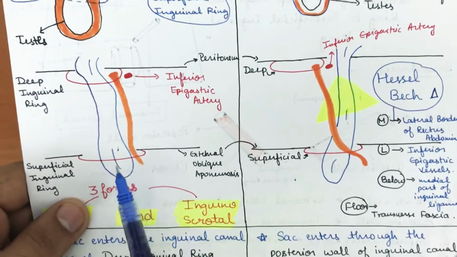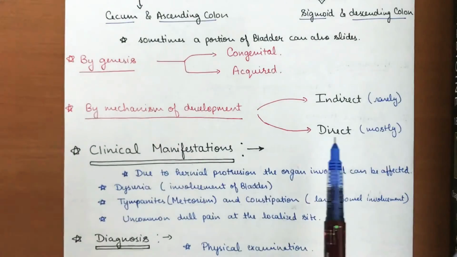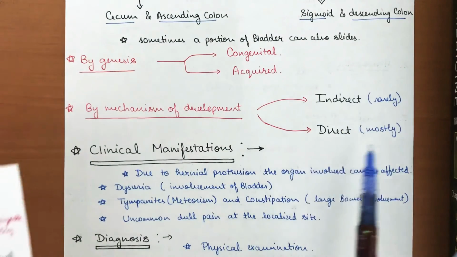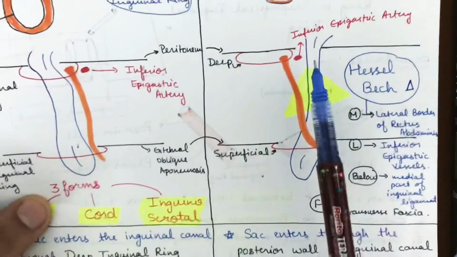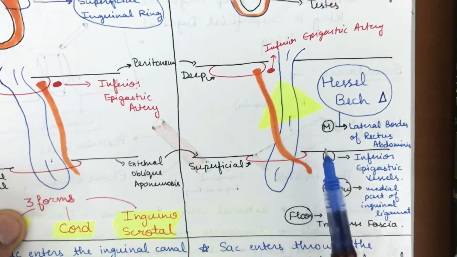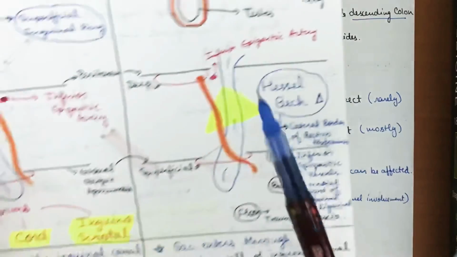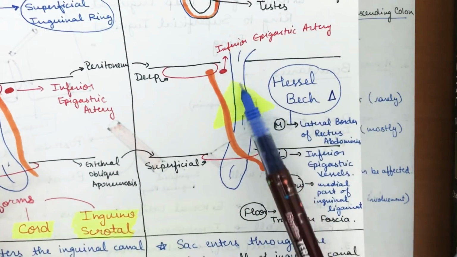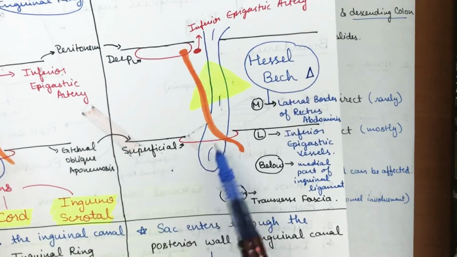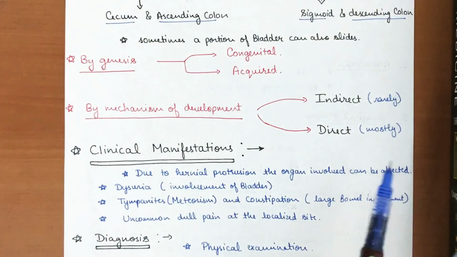Direct is quite common, because it is easier for the mesoperitoneal organs like the sigmoid, descending colon, cecum and ascending colon to protrude directly through the posterior abdominal wall and enter the superficial inguinal ring.